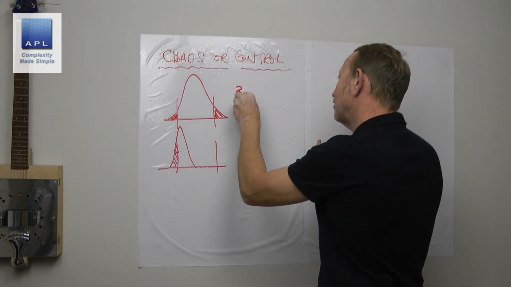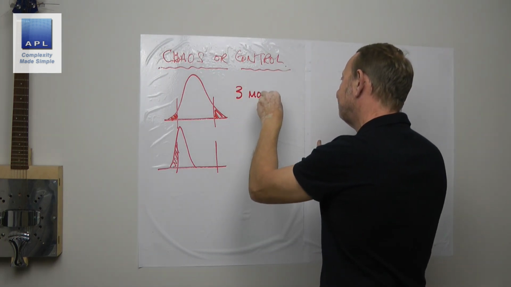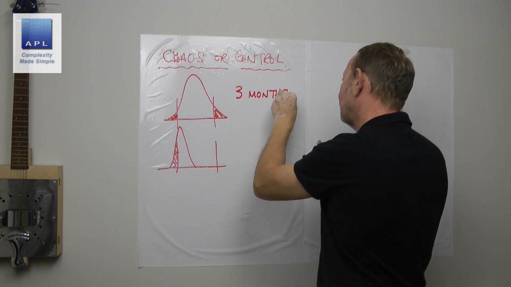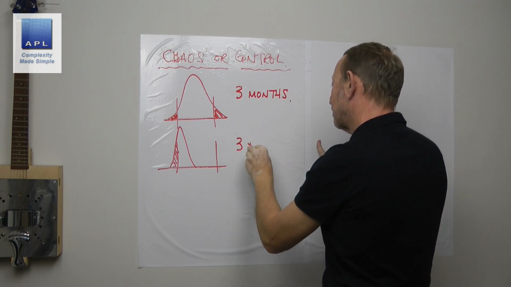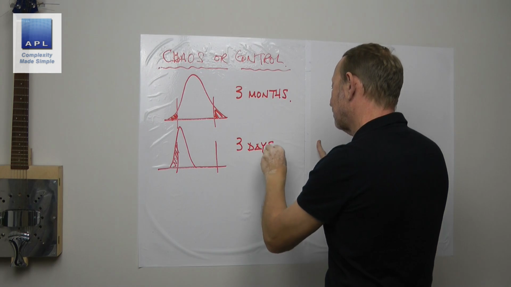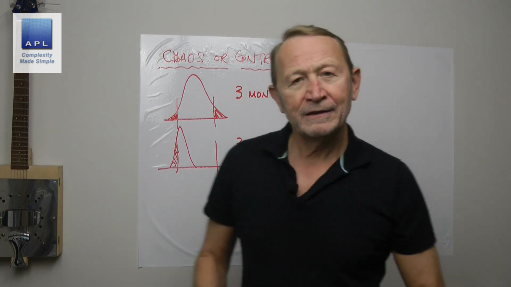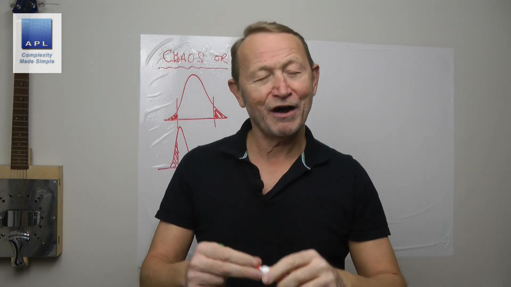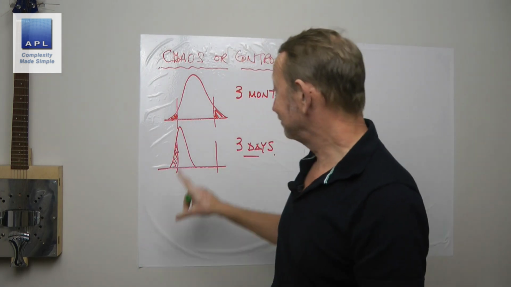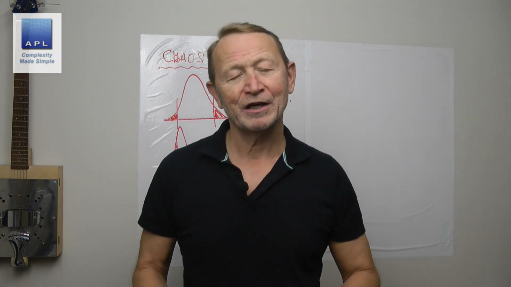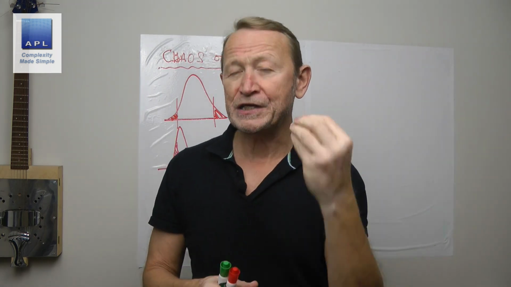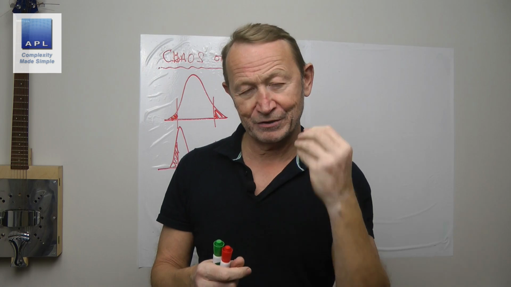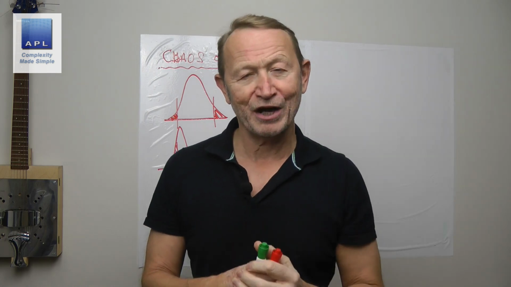This will take you 3 months to fix. This will take you 3 days to fix. We're going to have a look at a case study and you'll see the whole thing come alive. It's a problem that looks like this, but the first thing they have to do is visualize that element of the problem. Let's go to the case study.